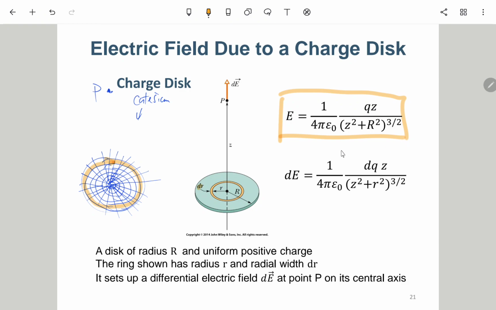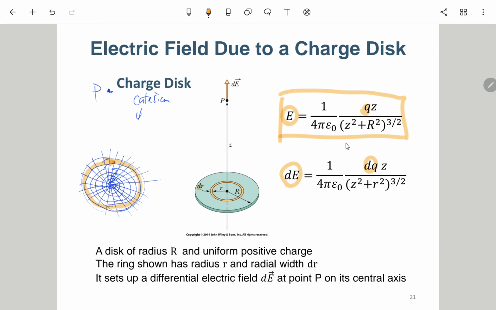expression, which is the E field generated by a charged ring. And here we only have dq on this ring. So it turns out we change this E to be dE and change this Q to be dQ.